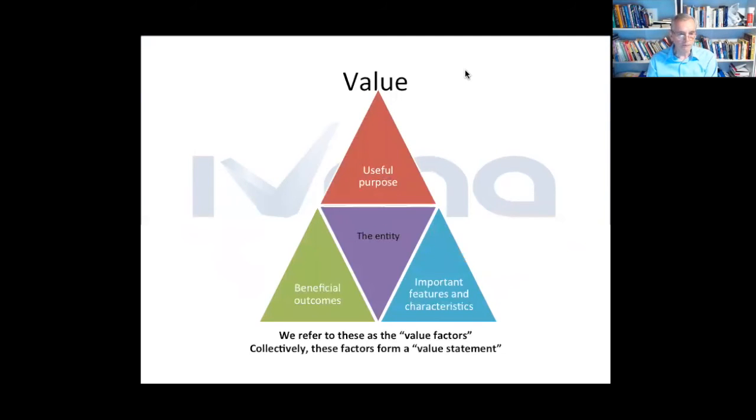Now, we refer to these three as the value factors, and collectively we can define the elements or the factors in this triangle as a value statement. That term value statement is not a term we used when writing the Australian Standard. I tended to use the phrase just in practice a little later, but I use it all of the time now.